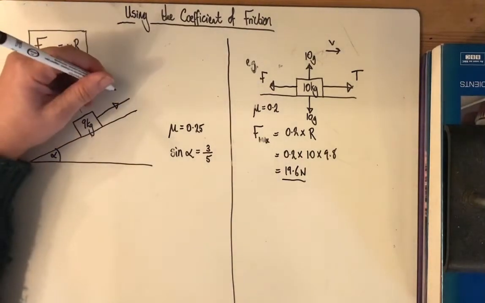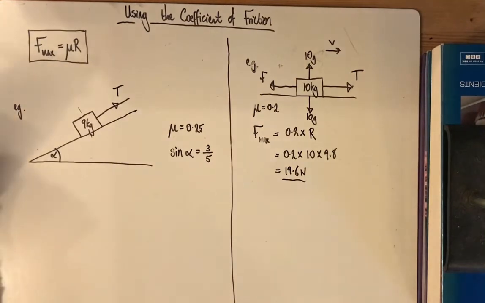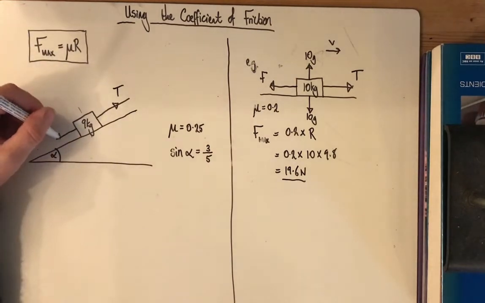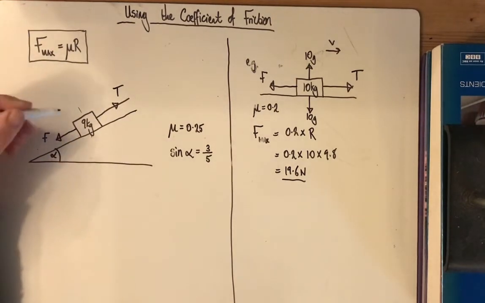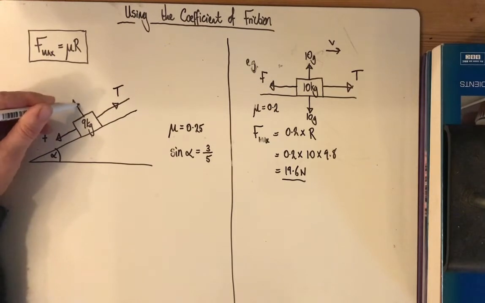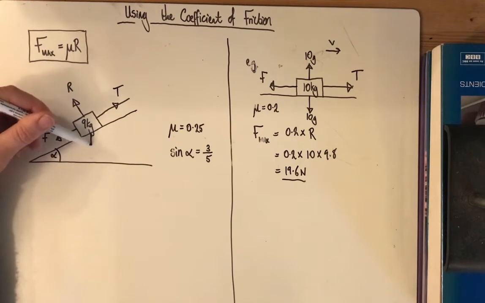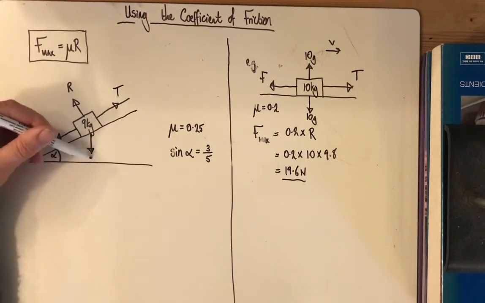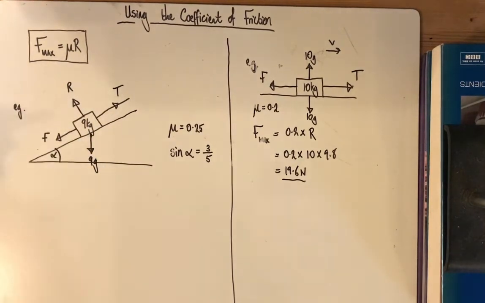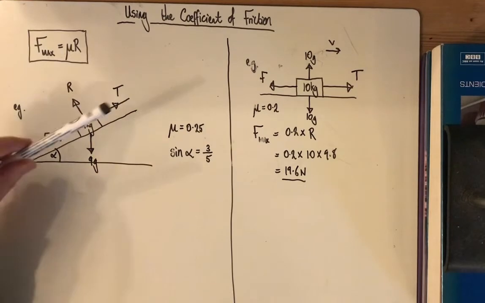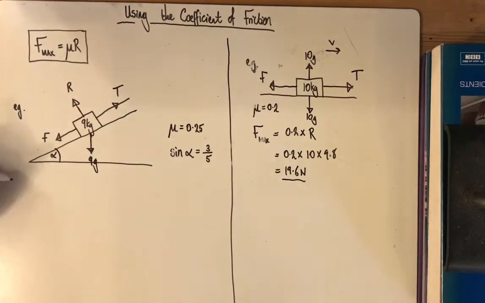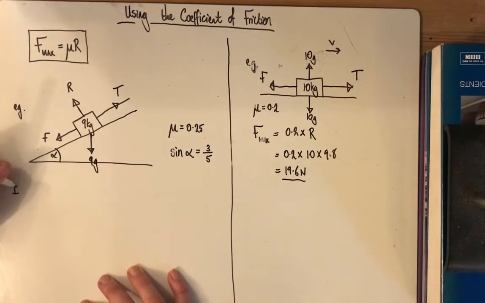Going over to this one, so just resolving forces as well to find the maximum friction. This one's being pulled up the slope, so the frictional force will be going in that direction. The reaction force is here, and then we have the weight coming down, which is 9g. So in order to find the reaction force, we can resolve perpendicular to the slope.